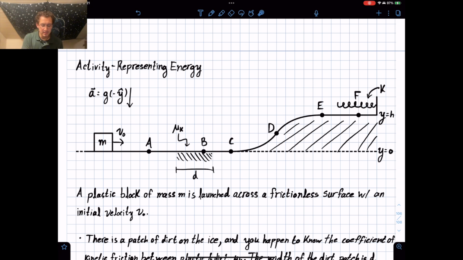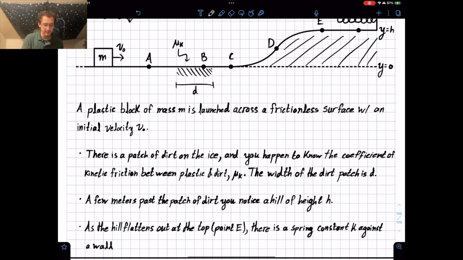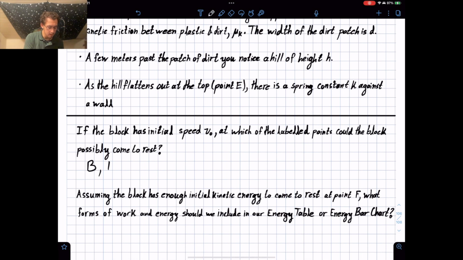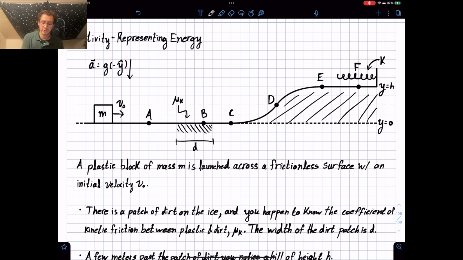And if it has a velocity, it's at least going to make it somewhere up this slope, which leads us to part D. If it has some energy and it comes up, it's going to make it partially up this slope at the very least if it comes off of the dirt with some energy. So C is not in here, D is, B is, A is not so far. Right? So let's add D to this list. So D as well.